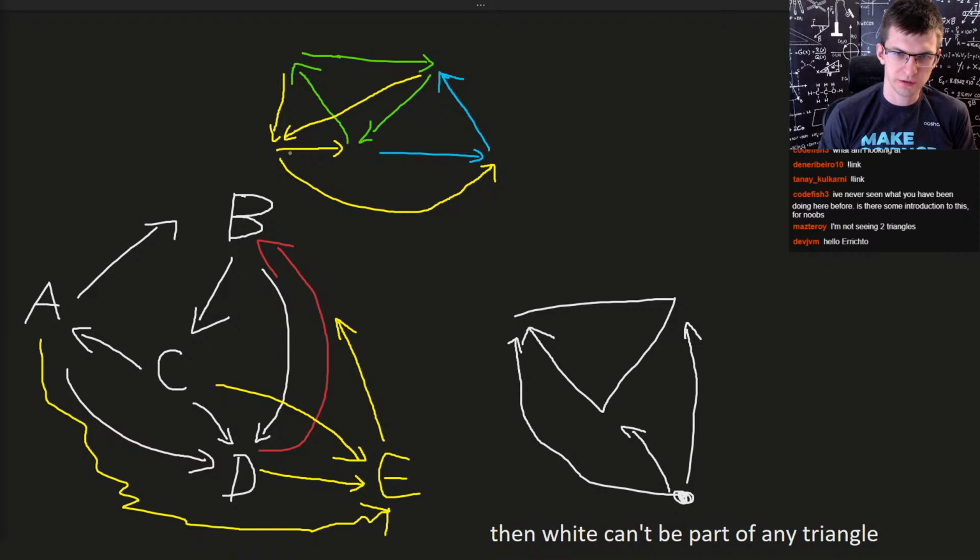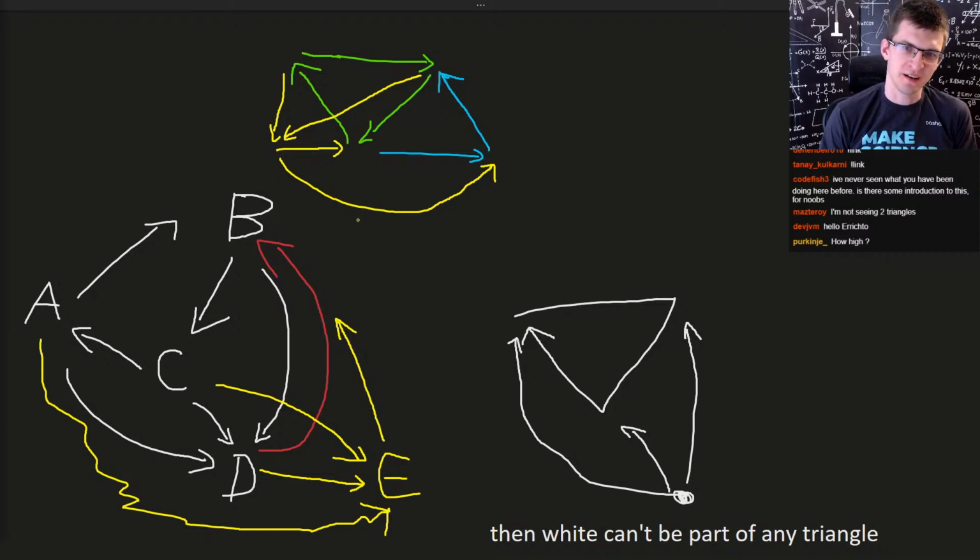I'm analyzing this drawing for any kind of contradiction. How high level? How do I quantify it? Very high.